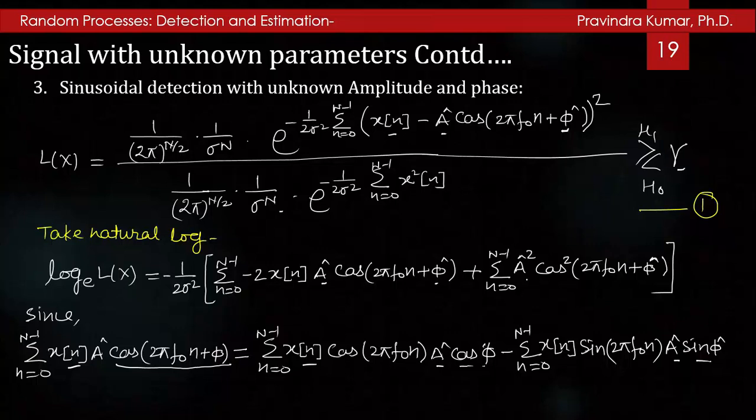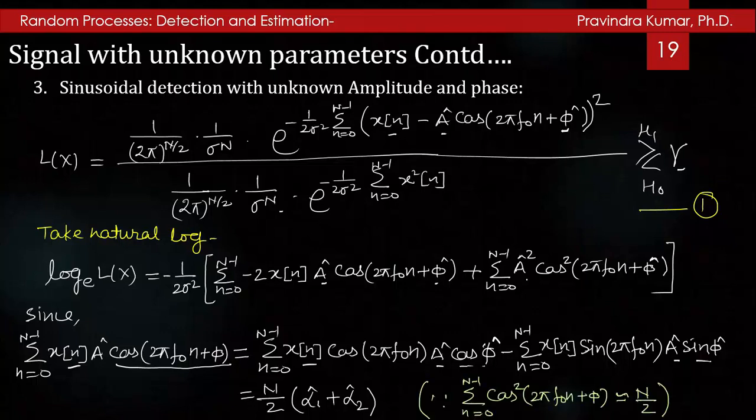So here also is the estimated value of phi. Now it will be equal to N by 2 times alpha 1 cap square plus alpha 2 cap square, since summation n=0 to N minus 1 cos square(2 pi f0 n plus phi) is approximately N by 2.